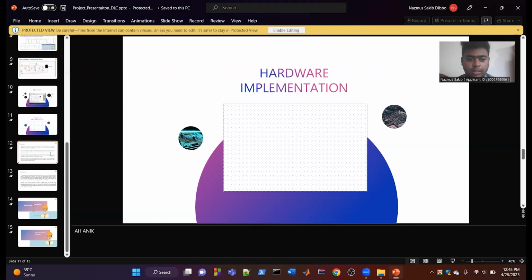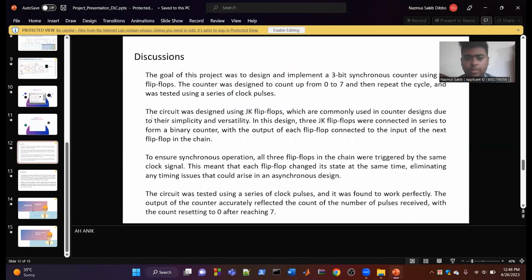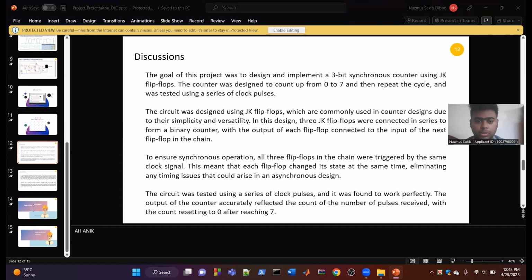So the next slide, our discussion part. Mainly the goal of the project is to design and implement a 3-bit synchronous counter using JK flip-flops. The counter was designed to count from 0 to 7 and then repeat the cycle, and was tested using a series of clock pulses.